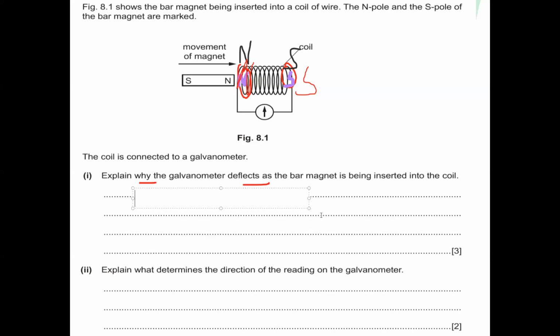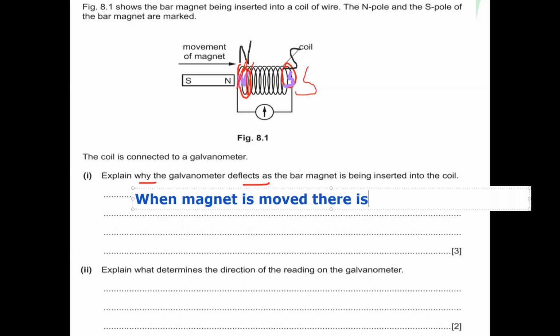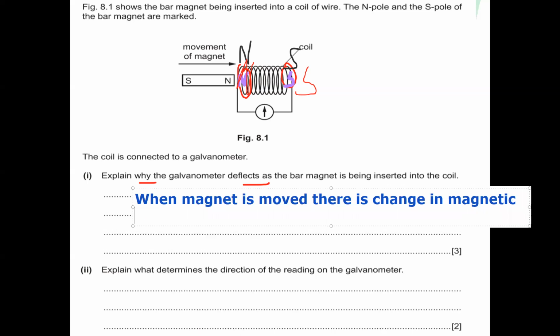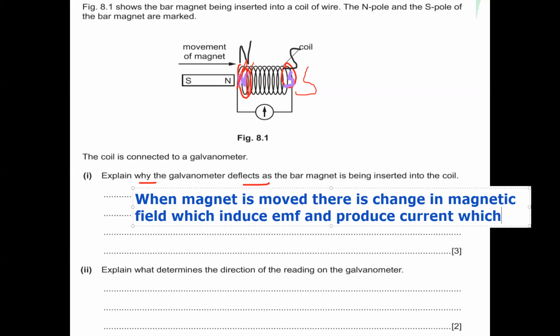Look what happens when a magnet is moved: there is a change in magnetic field, which induces EMF and produces current, which causes deflection.